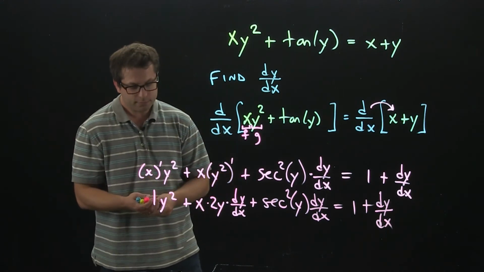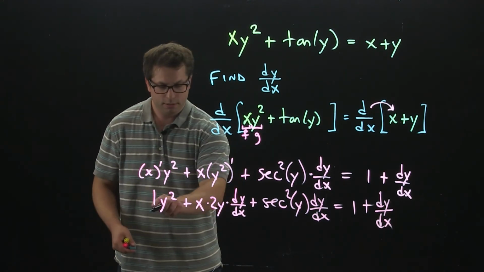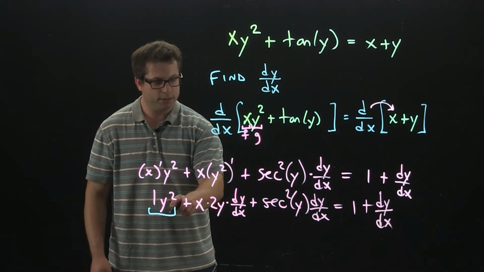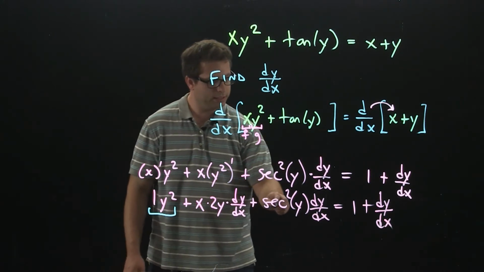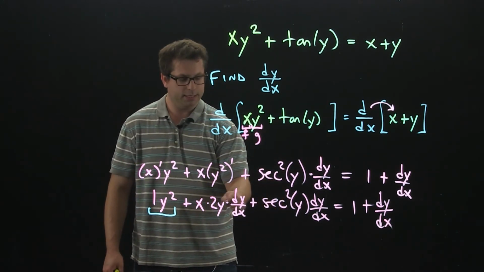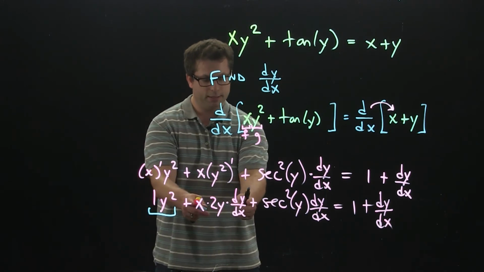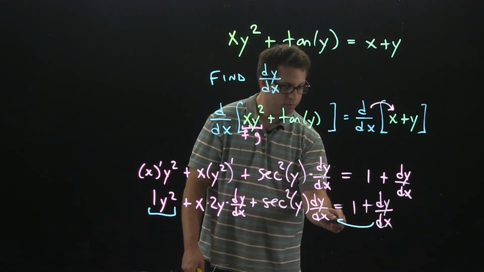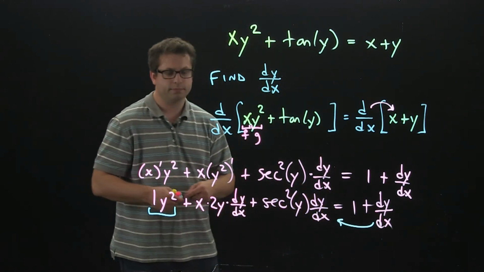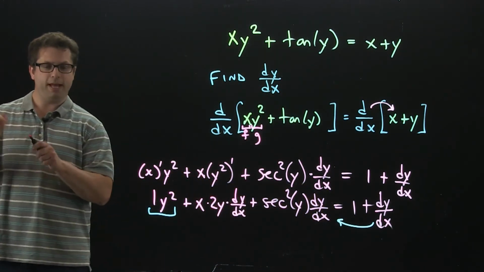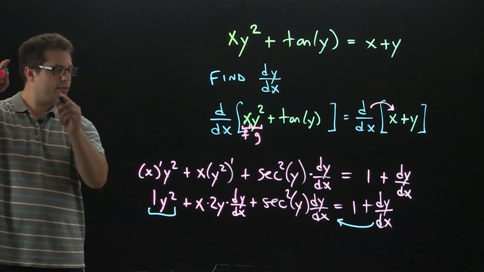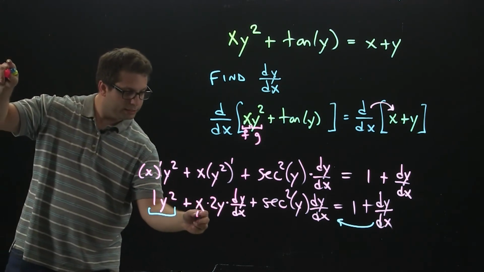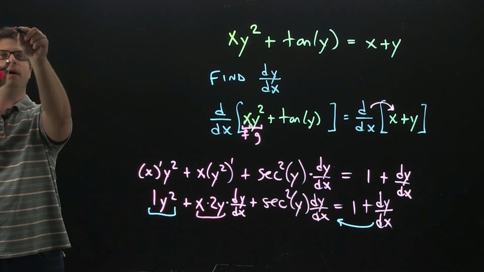All right, so we have a couple dy dx's we need to get on the same side. So here, this y squared is going to go off to the right-hand side, and that's it. So these are going to stay, this and this one, and then this dy dx is going to have to come over as well. All right, so what we have now, I'm going to clean this up a little bit, call that 2xy.